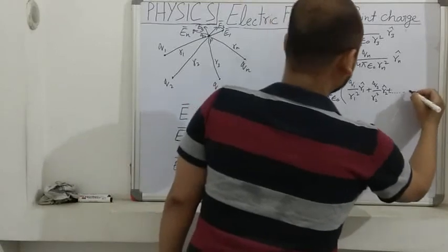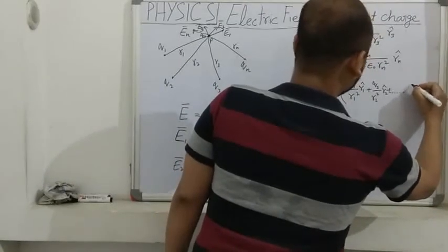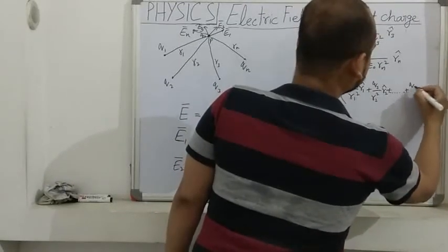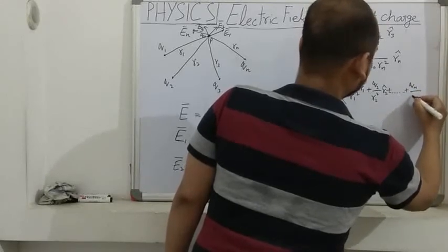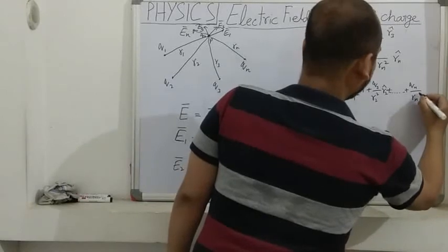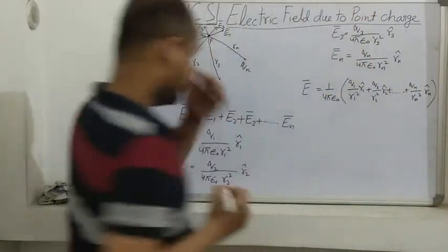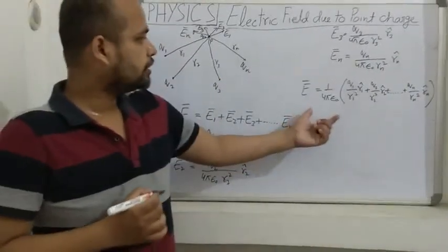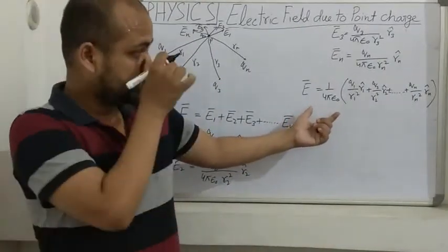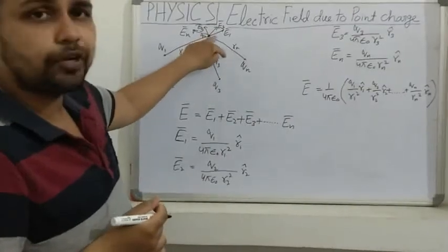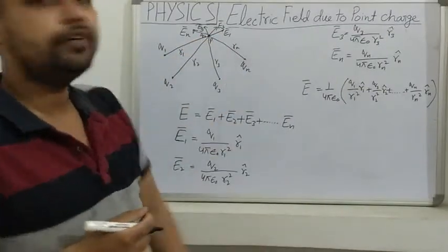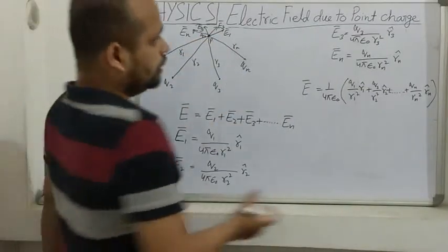It will go up to Qn, it will be Qn upon Rn square Rn cap. Is that clear? So this is your net electric field at point P due to n number of point charges.